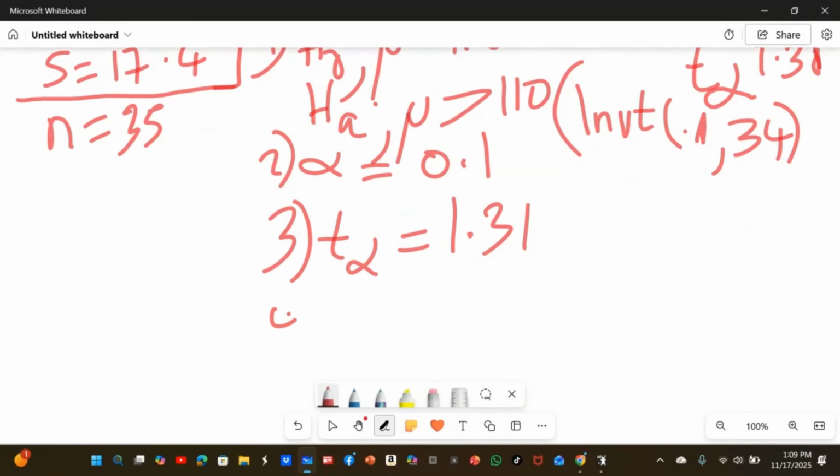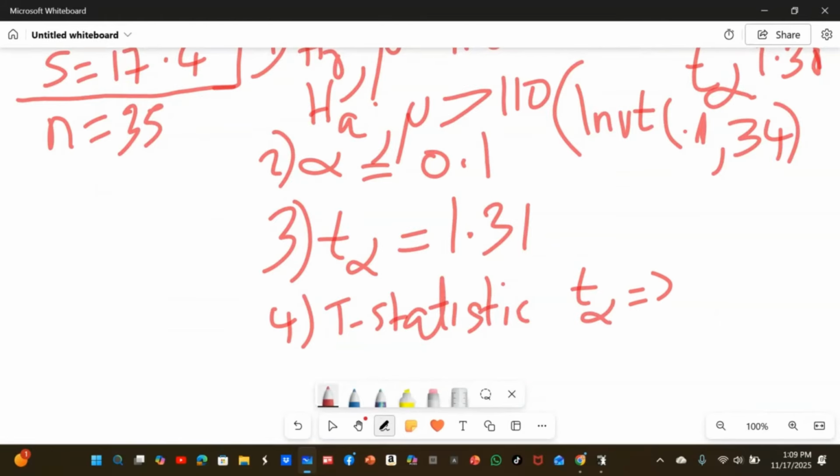Step 4, calculate the test statistic. And it has to be the t test statistic. So calculate the test statistic for t, and that is t equal to the point estimate minus the mean of the population, that is the status quo, over the sample standard deviation given to us divided by the square root of the sample size.